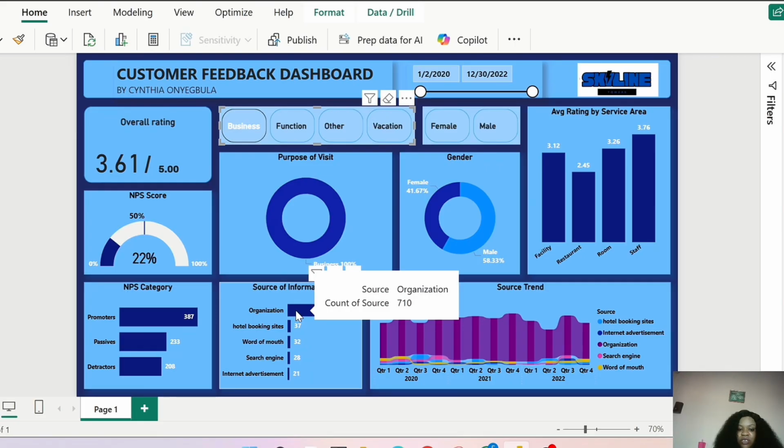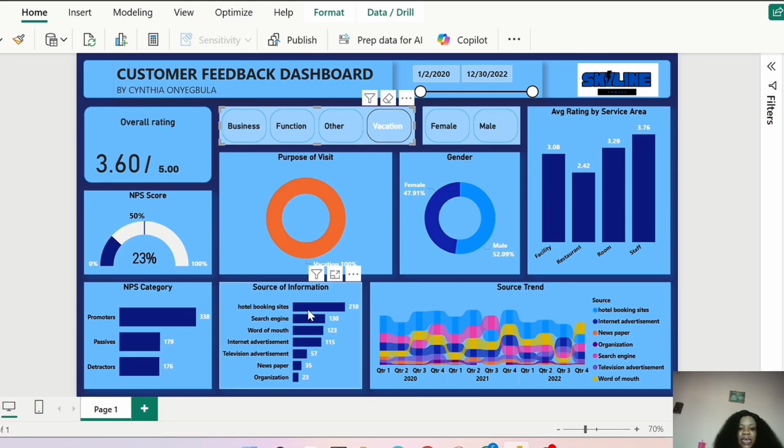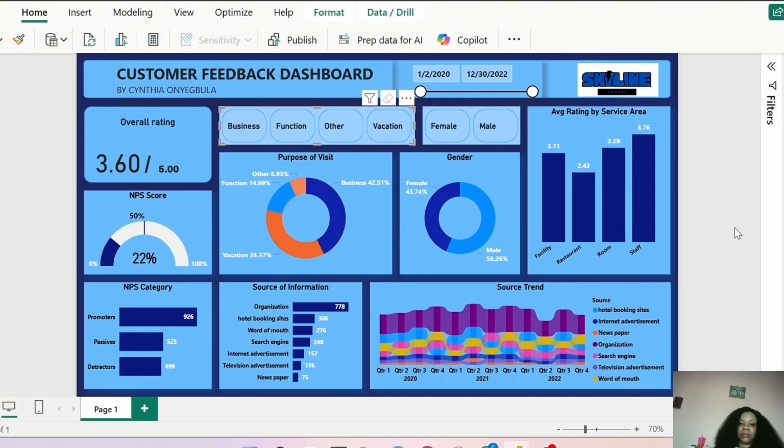Business visitors are strictly relying on organizations. They barely use other platforms. But when you come to see vacationers, you find that our vacationers are actively using our hotel booking site, and then organization drops. So that means instead of losing organization completely, we can then expand the partnerships that we have to include these bodies that I just mentioned. Again, see how data, just customer feedback data, can help in even your partnerships and your collaborations.